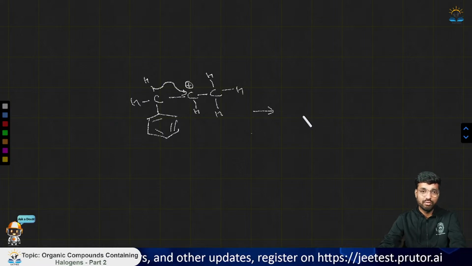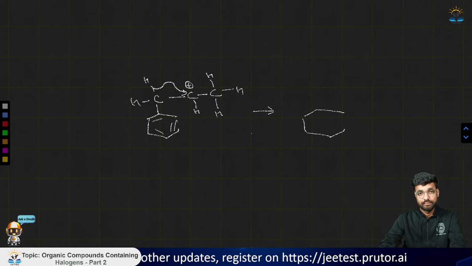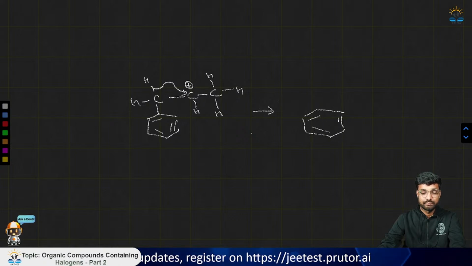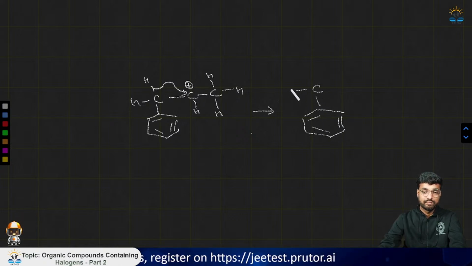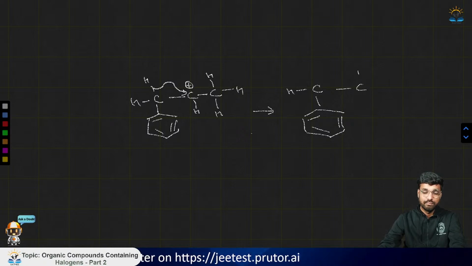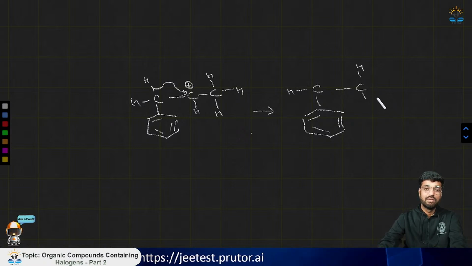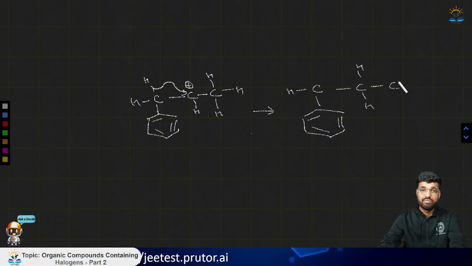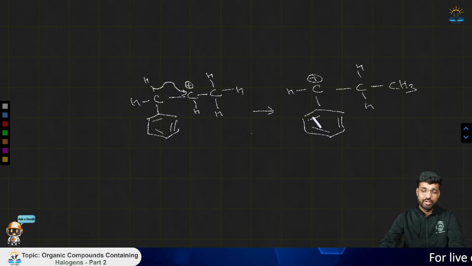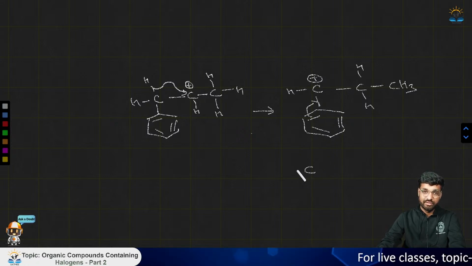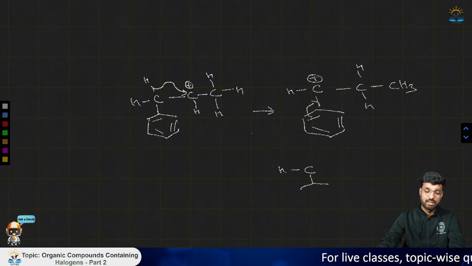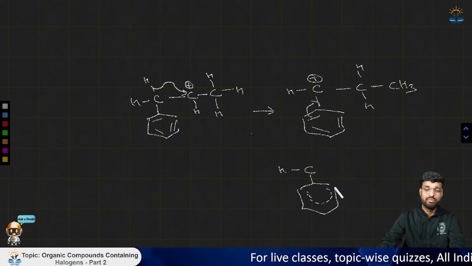This hydride will go here and we will get a benzyl cation, which is very much stable due to benzene stabilization, or you can say resonance stabilization, meaning it goes through the whole group. So we get this kind of resonance hybrid. The positive charge is distributed all over this.